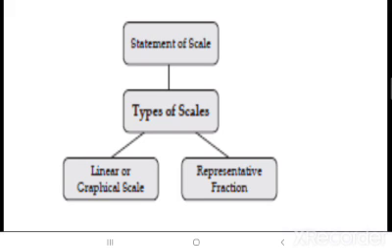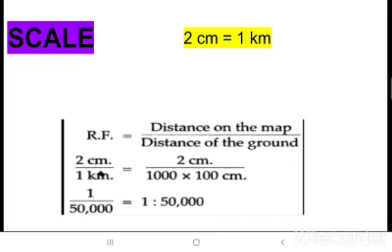Now, coming to the next point, scales. In topographical maps, we deal with two kinds of scales: linear or graphical scale, and representative fraction. While doing the grid reference, I informed you that each grid is equal to 2 centimeters, and that one grid of 2 centimeters is equivalent to 1 kilometer on the ground.